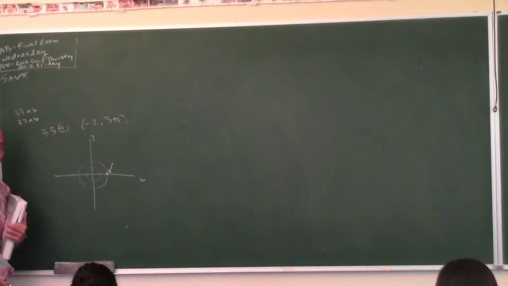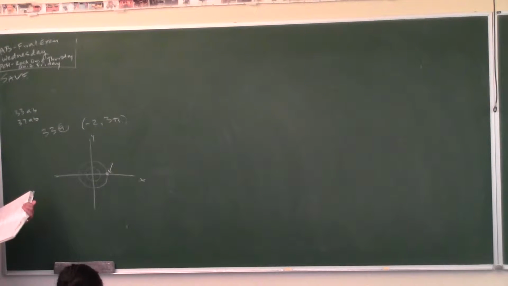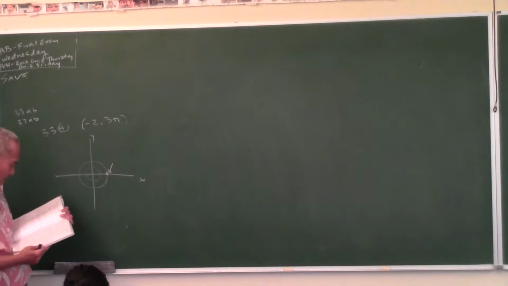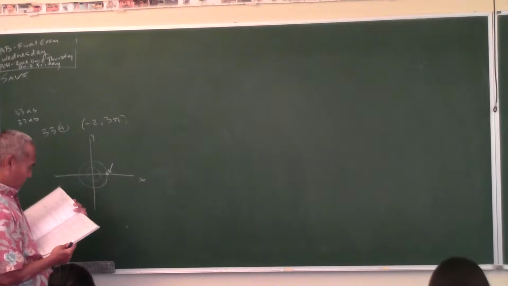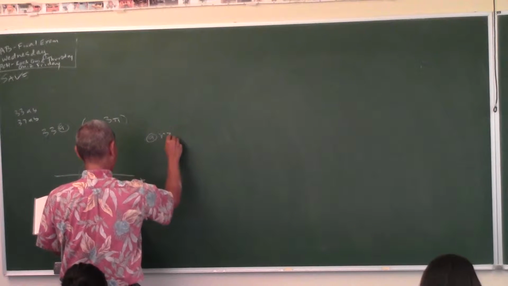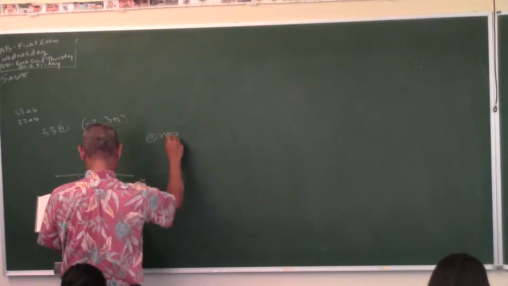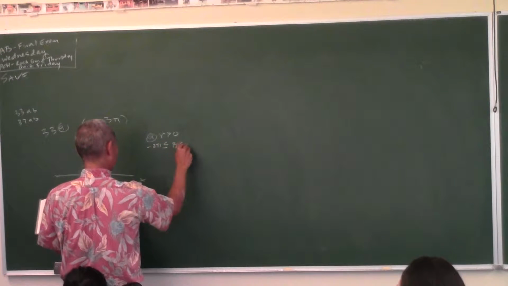So did you get that point? Yeah. Okay, so in problem 33A, it says plot each point, that's a double, you did that already. And then now find another polar coordinate for which R is positive, and the angle is in between negative 2 pi and 0.